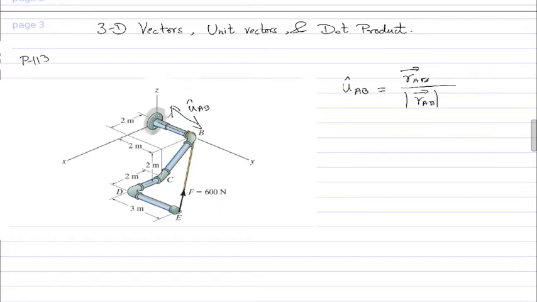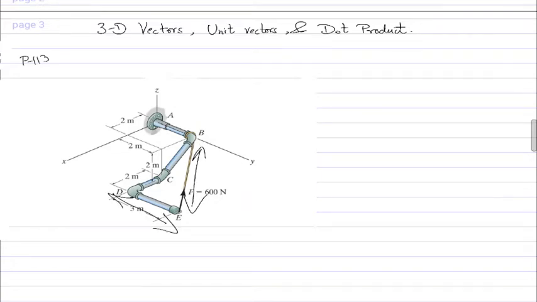So unit vector AB was just an example here. What we really want first are the unit vector EB, along which the force is directed, and the unit vector DE, along which we have to find the components of that force.